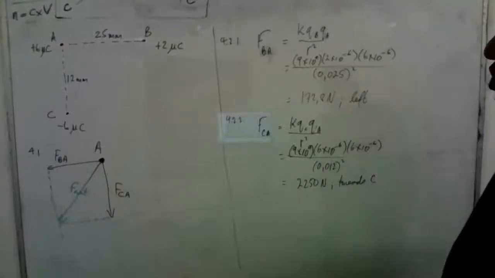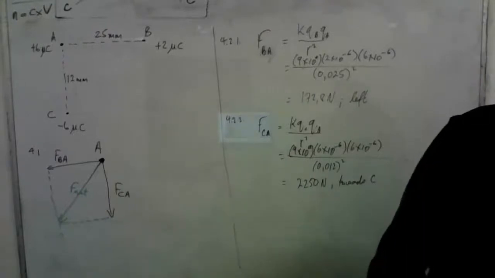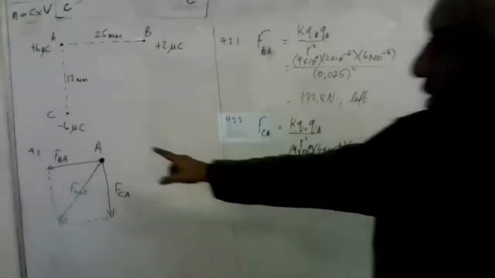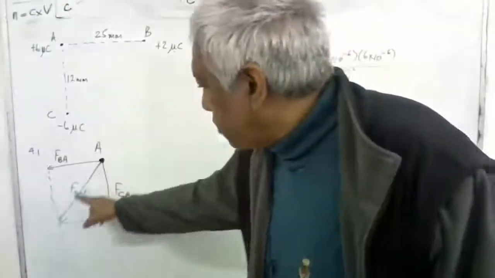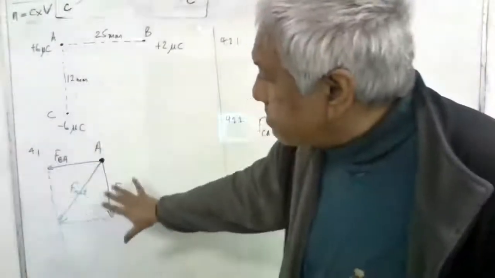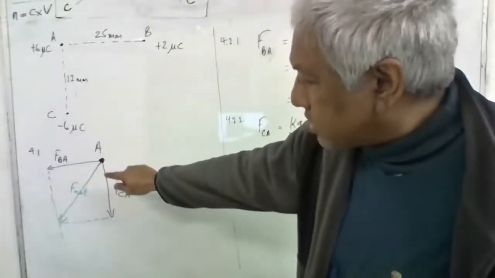Right, so that's 4.2.1 and 4.2.2. I will now give you a minute or two to finish your 4.3. In 4.3, we want now the net force. Now we've already got the vector diagram, but you cannot go to 4.1 and mess around with that because we need to mark that.